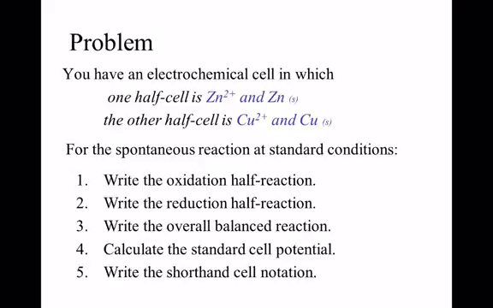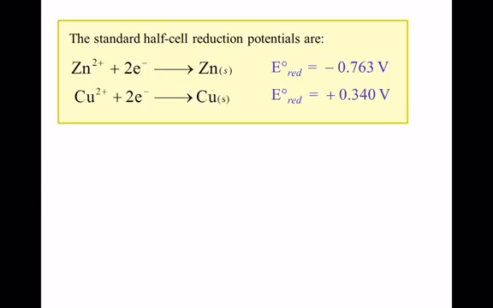Then number 3, we write the overall balanced equation. Number 4, we add the two together and come up with the cell potential. And number 5, we write the shorthand with the line notation. So this is where we get to be strategic. If you look up the table, it's going to tell you that these are the reduction half cell potentials.